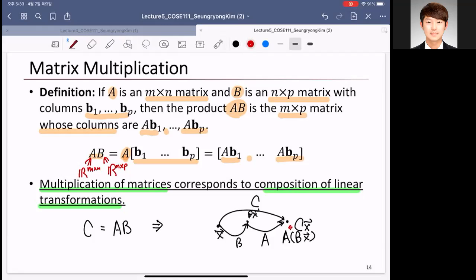So multiplication of matrices corresponds to the composition of the linear transformations.